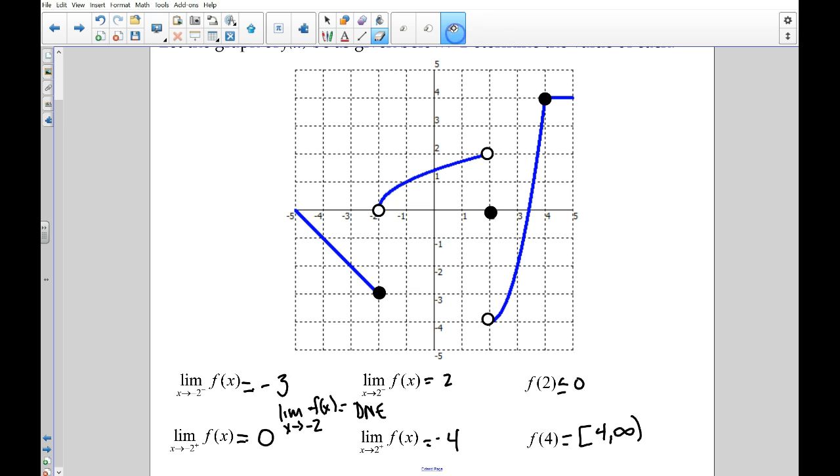Let me erase that. I was looking at the y values and not the x values. Right, so I want to know when x is 4, what is the y value, and I was looking at the opposite way around. So when x is 4, y is 4. Okay, and that is a brief overview of limits at a point.